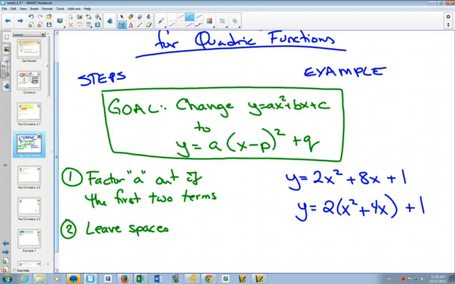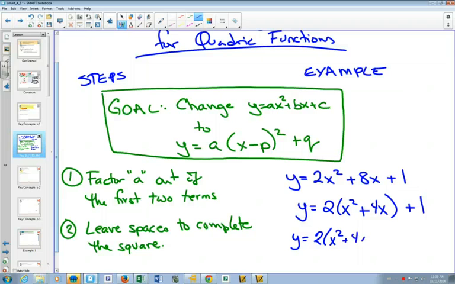So we're going to leave spaces to complete the square again. Last time it made sense to leave spaces on both sides of the equation, one on one side of the equal sign and one on the other side of the equal sign. In this case, since our goal is to write it as y equals a(x minus p) squared plus q, we're going to write our spaces on the same side.